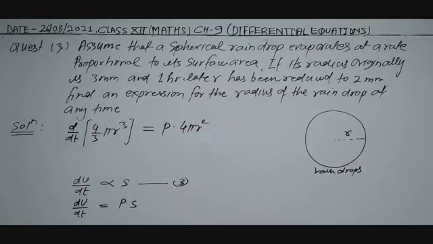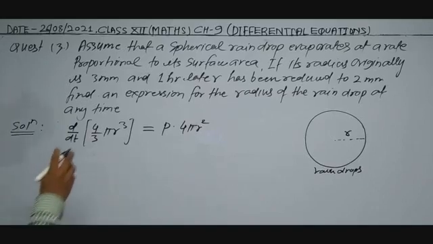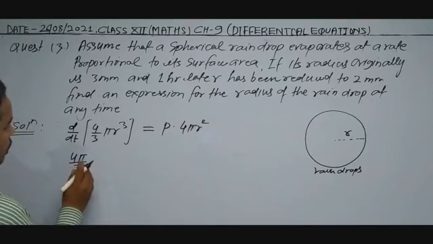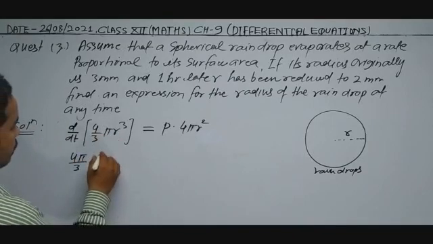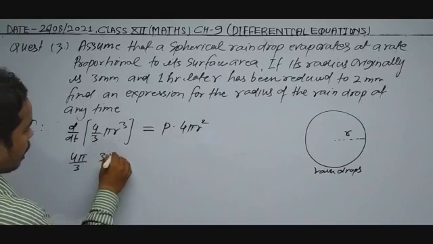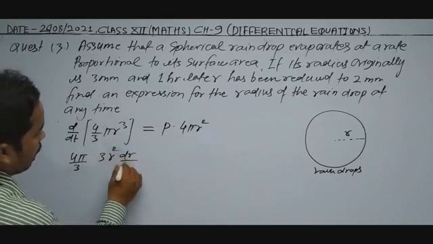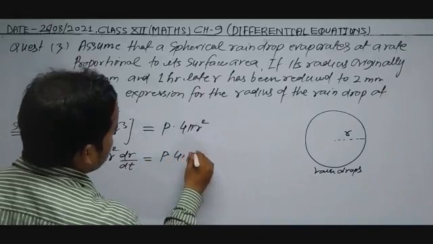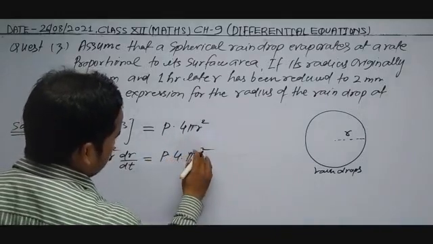Now we have to differentiate, and 4 pi by 3 is constant, so it stays outside the differentiation, and this differentiation will be 3r square dr upon dt is equal to P into 4 pi r square.